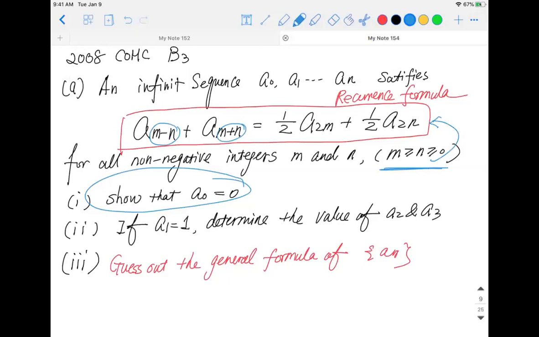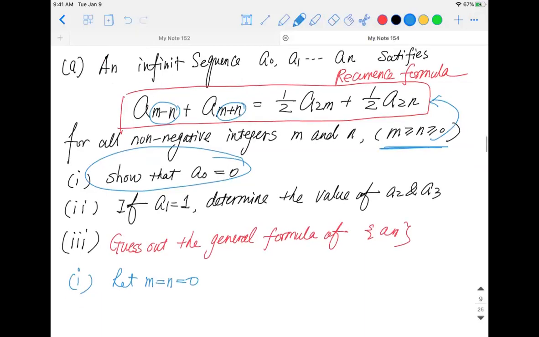So very obviously, for the A part, I just let m equal n equal 0. Because m and n can be whatever values you let me choose, right? So I just let m equal n equal 0. That being said, the original equation becomes A0 plus A0, because m and n are both 0, which equals 1 over 2 A0 plus 1 over 2 A0. Is that right?